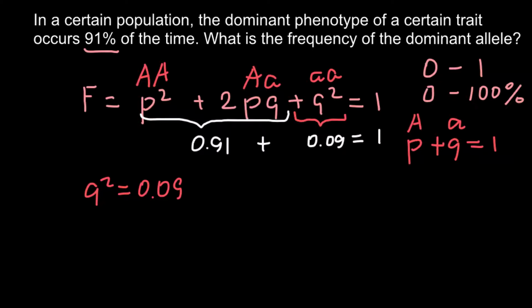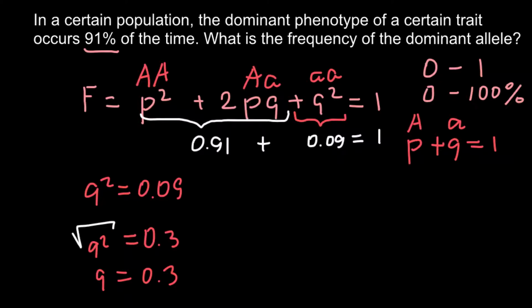We just have to take the square root of this number. The square root of q squared equals 0.3. So if we know that q equals 0.3, we can find p.